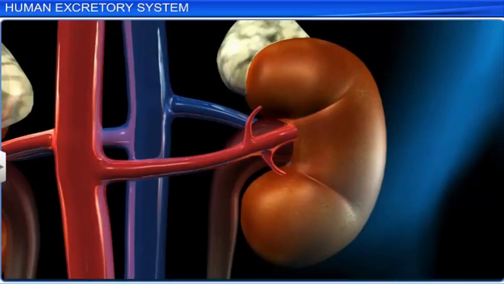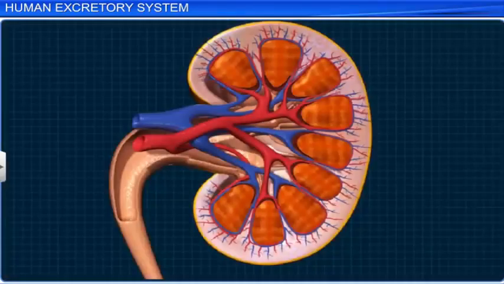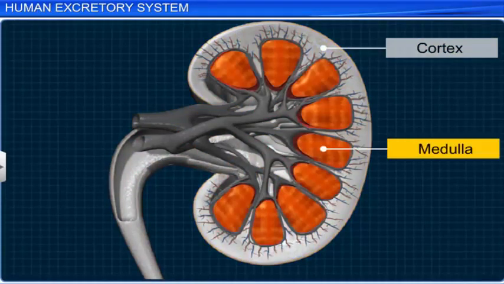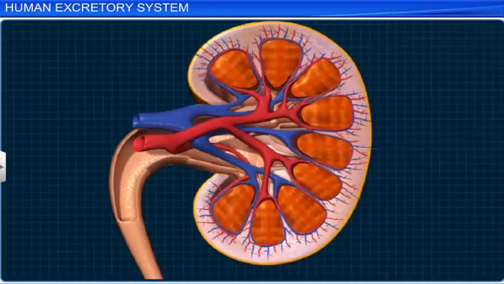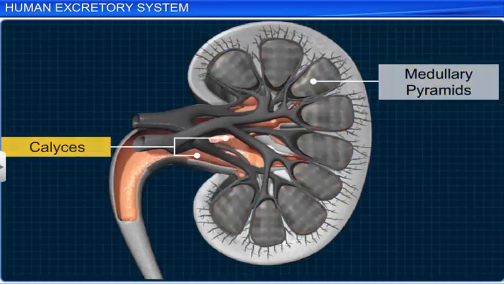The kidney has a tough, fibrous outer layer called a capsule, and its longitudinal section shows that its inside is differentiated into two main regions, an outer cortex and an inner medulla. There are about 8 to 18 cone-shaped structures in the medulla called medullary pyramids, which project into the calyces.